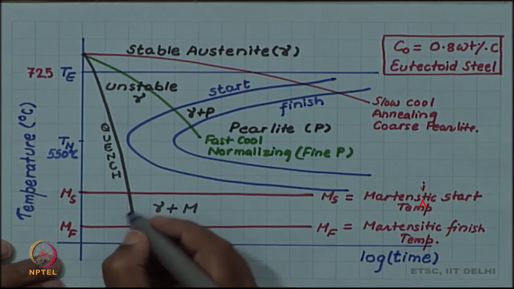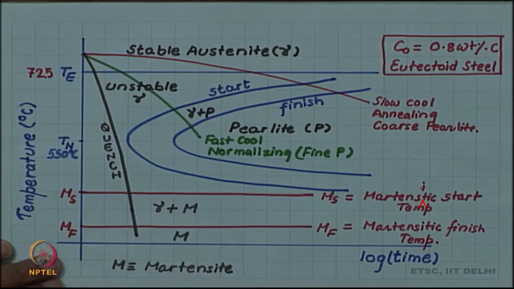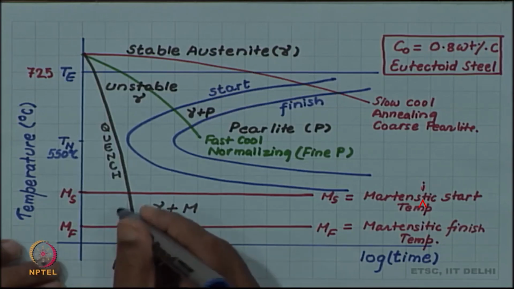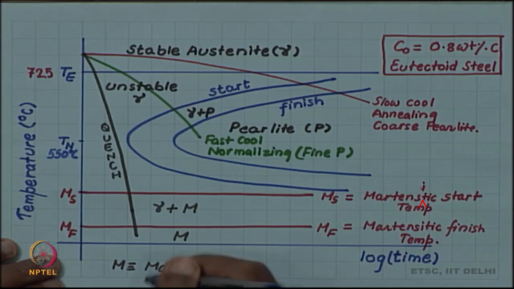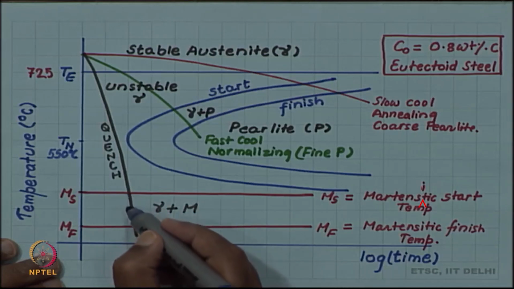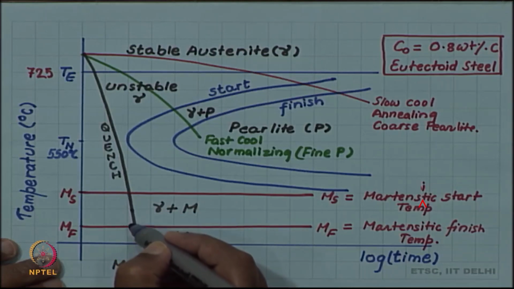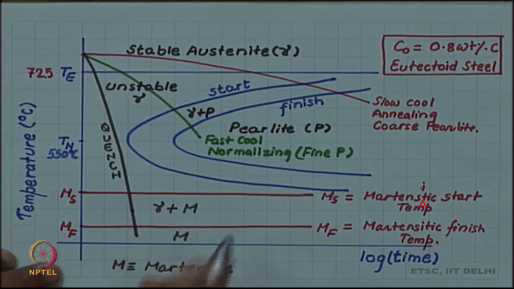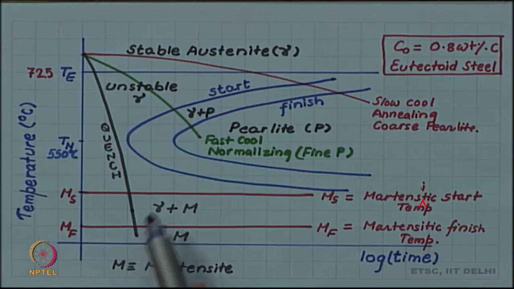In between Ms and Mf, let us say at some temperature we will have 50% martensite. Gradually the amount of martensite will change as we lower the temperature, but the transformation rate itself is very fast, such that as soon as we reach those temperatures, within no time the transformation to martensite is completed.